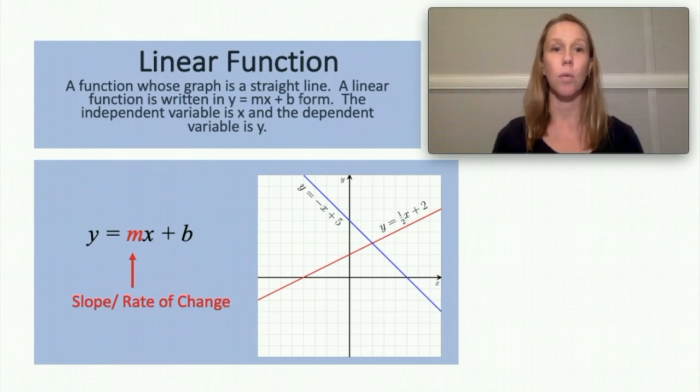So in the example, we have our rate of change, and if that rate of change is over 1, it is a unit rate. In our graphs, we have one with a negative slope, represented by negative x, and we have a linear function with a positive slope, which is 1/2 x. Neither of these are proportional, because they have a starting value and they do not go through 0, 0, but they both represent linear functions because of that constant rate of change.